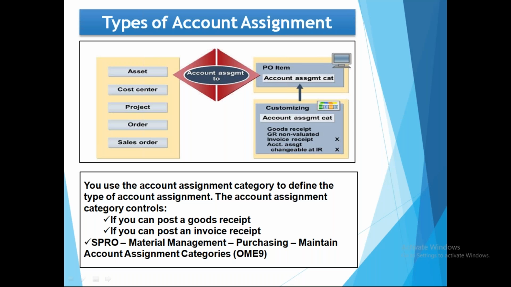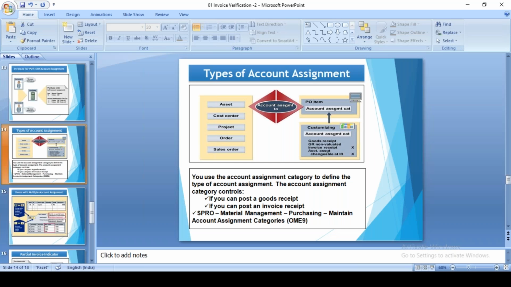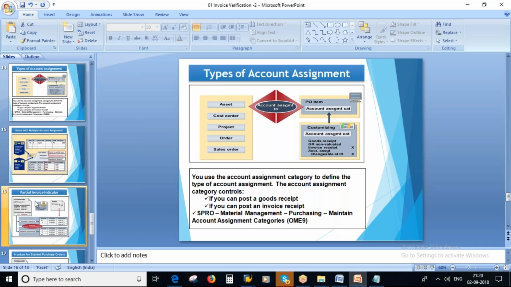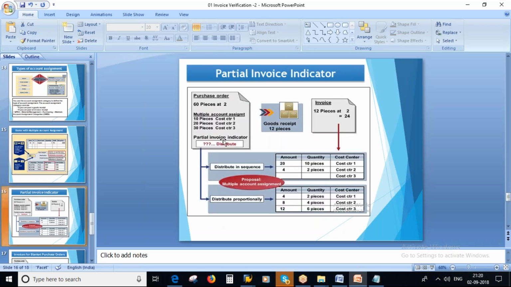We discussed purchasing of consumable materials, where we use the account assignment category as cost center. So when you use cost center as account assignment category, in the invoice verification you have the option of changing the different quantities getting posted to different cost centers. That option is available, provided you have the partial invoice indicator available in your PO. We will see this in the system.